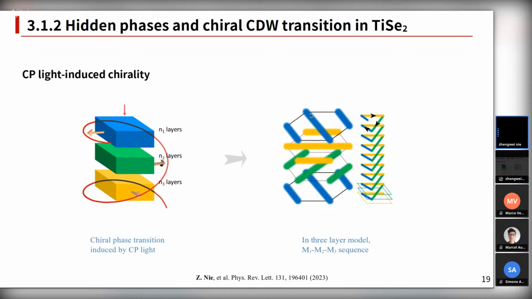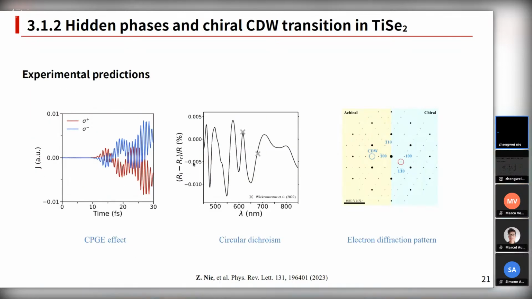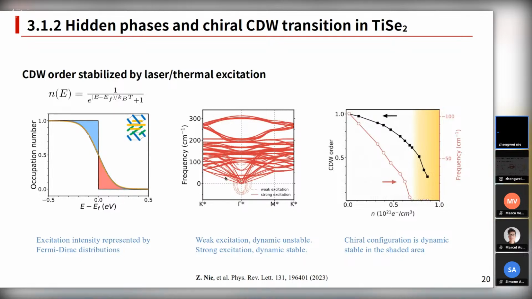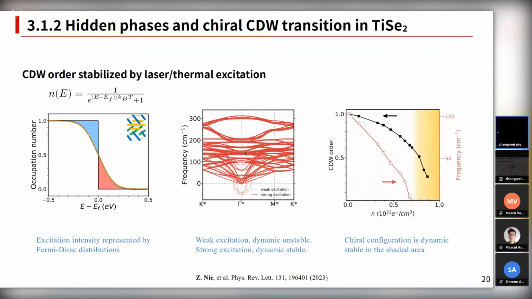This is Q1, Q2, and Q3 patterns stacked in sequence. We calculate its dynamic stability. We can estimate its excitation intensity by the Fermi-Dirac distribution.